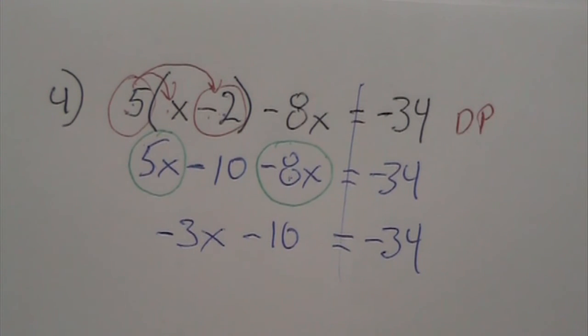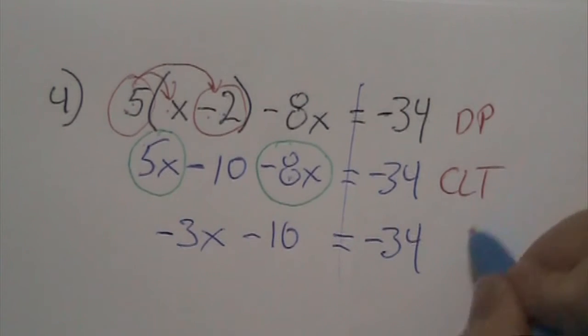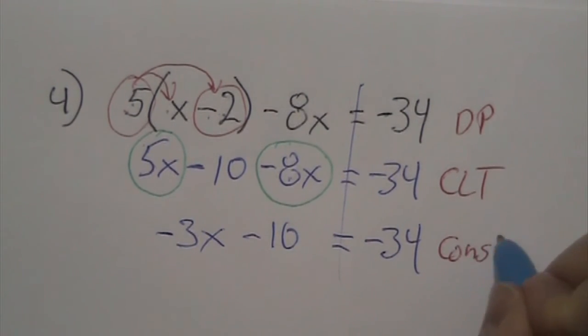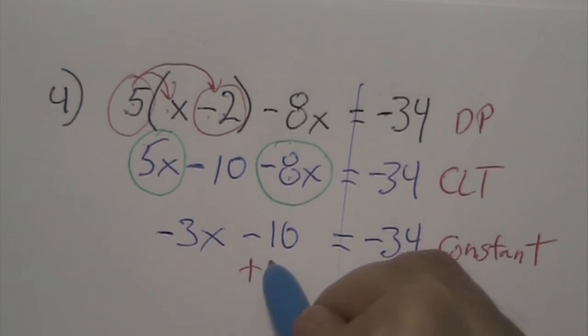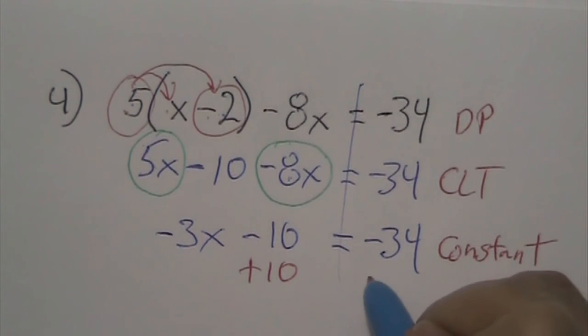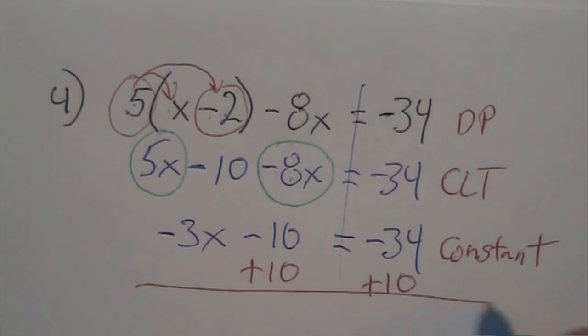Okay, next step is to get rid of the constant. The constant is negative 10. To get rid of negative 10, to make that a 0, I want this a 0 and I want this a 1. To make this 0, I add 10, but you have to do it to both sides.